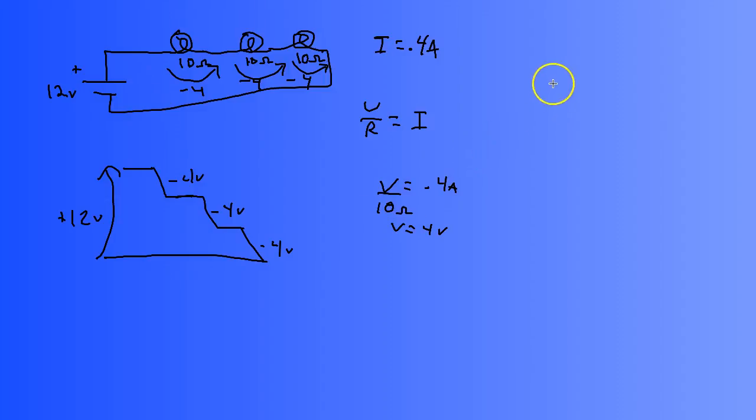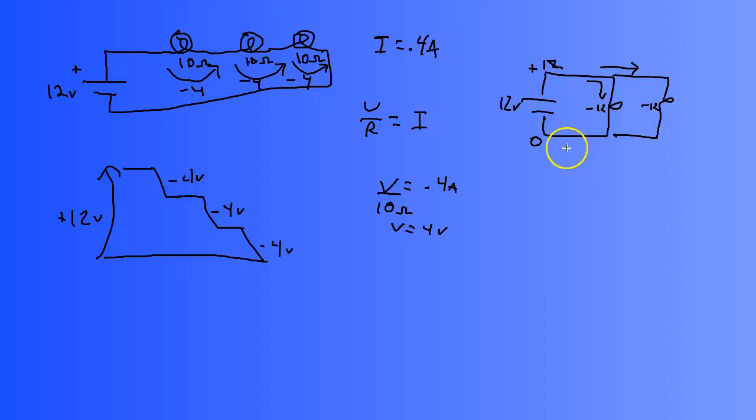In a parallel circuit, the electrons, remember, can choose either path, and they always have to get back. So if they start at plus 12 here, they have to get back to 0 down here, which means they're going to experience a voltage drop of minus 12 across each of these bulbs.